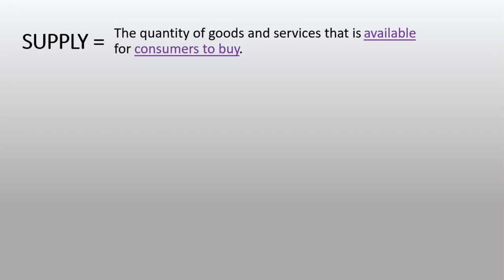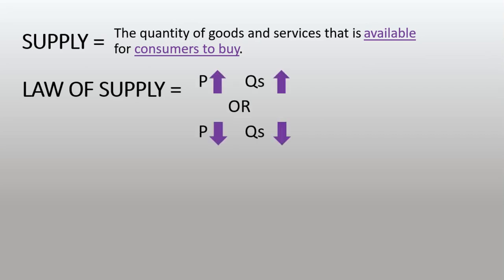of a good. And this relationship between quantity supplied and price is known as the law of supply, which states that as the price of a good increases, the quantity supplied for that good would also increase. We could also say that as the price of a product decreases, the quantity supplied for that product would also decrease.